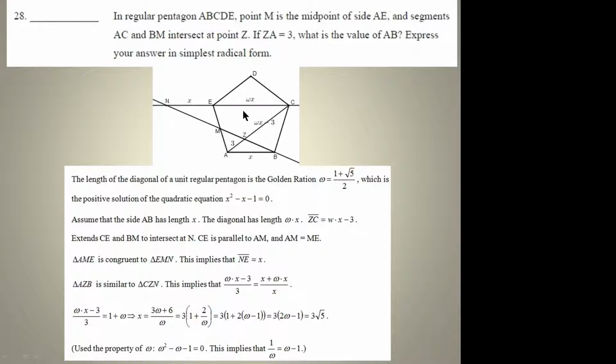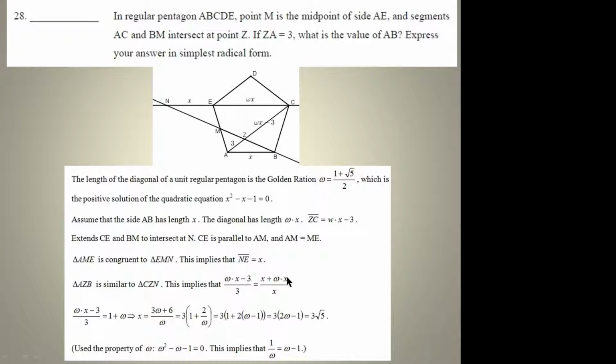Similar triangles have proportional sides. So look at the corresponding sides. This one corresponds to this one. So omega x minus 3 over 3 is the same as this side, omega x plus x over x. So we get this equation here: omega x minus 3 over 3 equals omega x plus x over x.